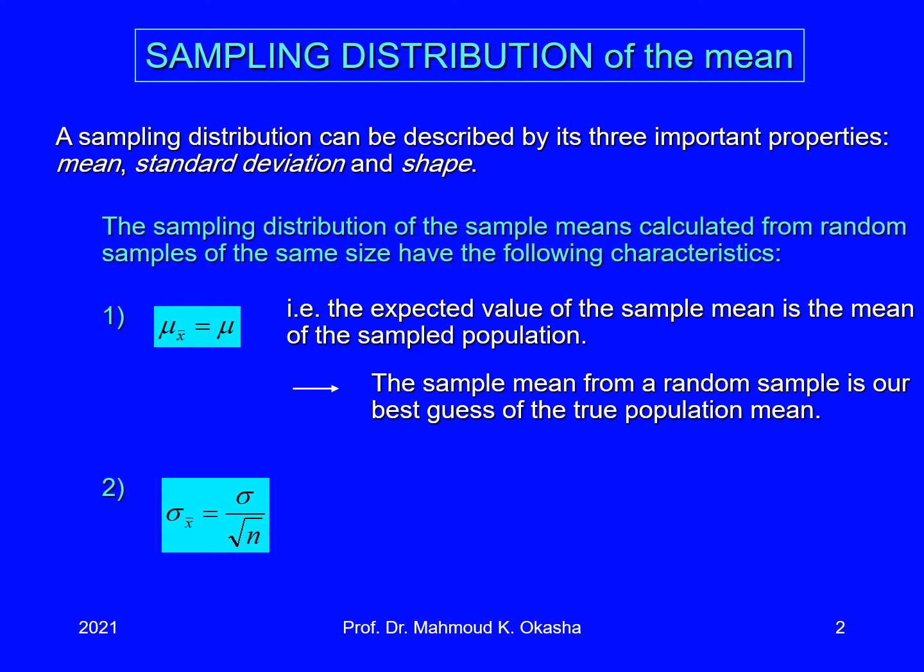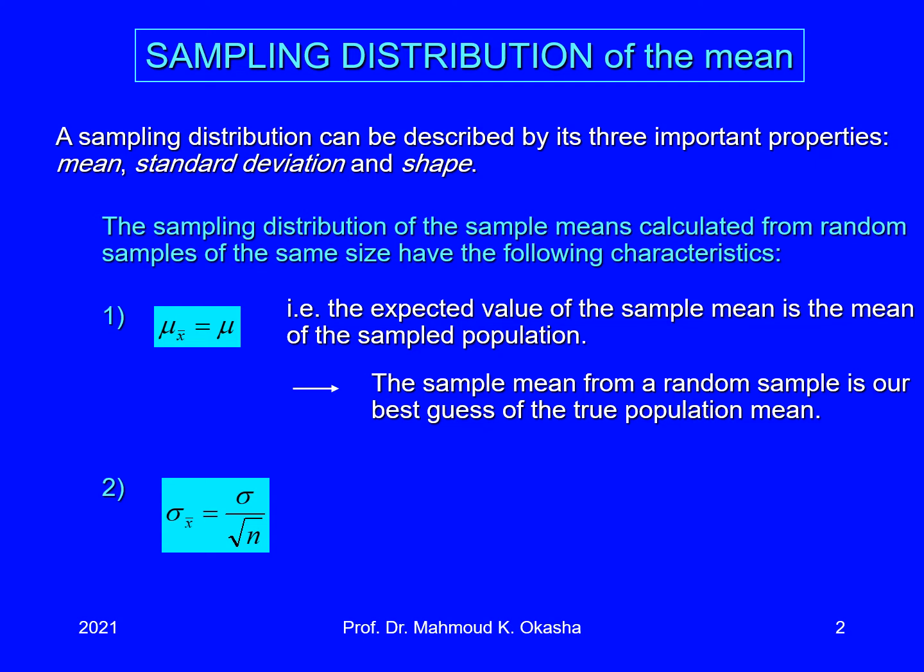It equals sigma, the population standard deviation, divided by the square root of n. N is the sample size. So this is the second thing.